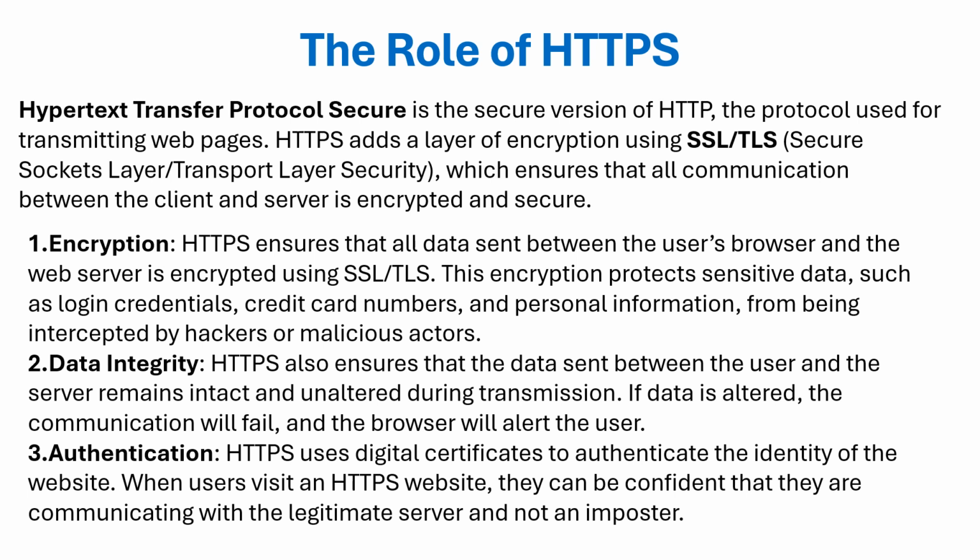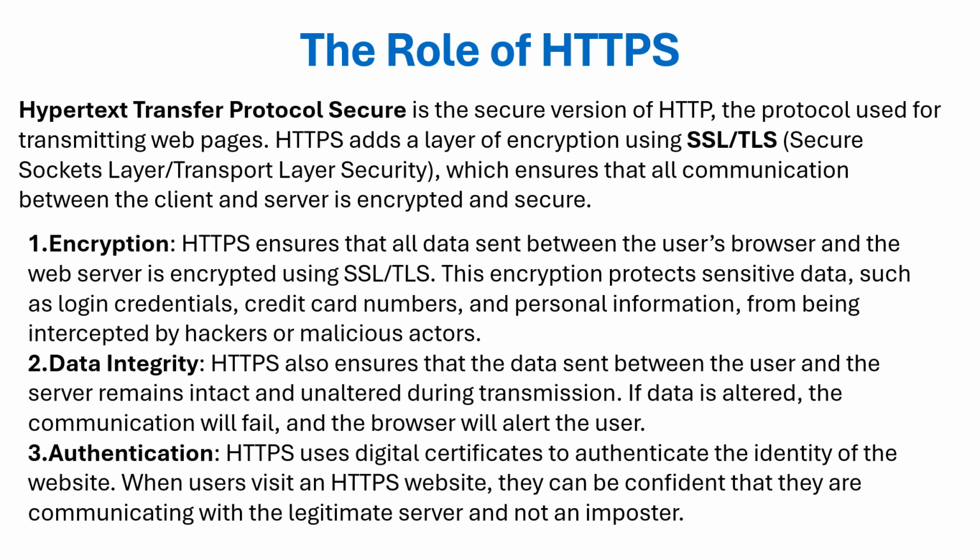Of course, there is the encryption process, where all data sent between the user's browser and the web server is encrypted. This encryption protects sensitive data such as login information, credit card numbers, or personal information from being intercepted by hackers or malicious actors.